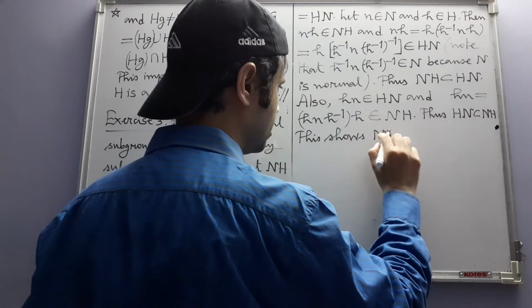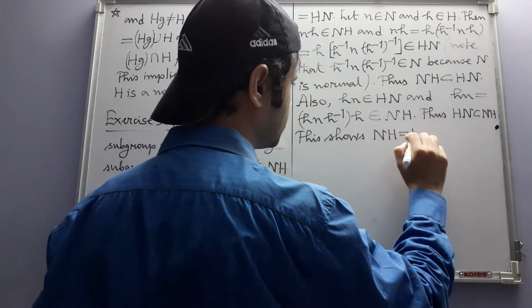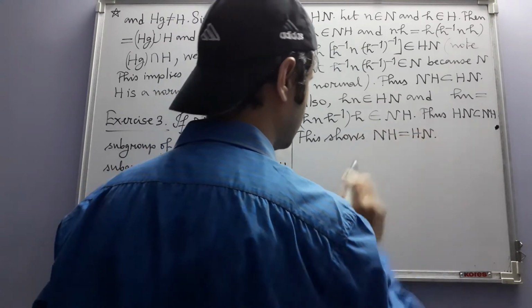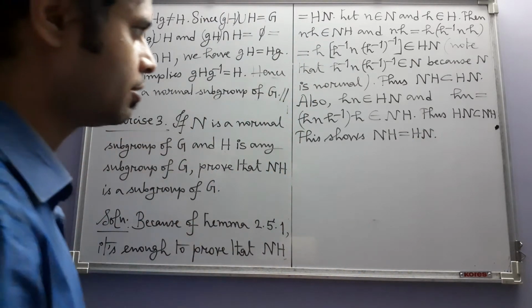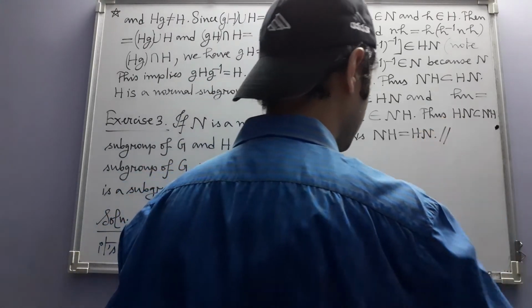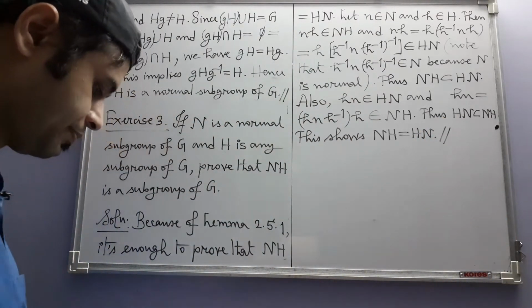This shows NH is equal to HN, and hence by lemma 251 NH is a subgroup of G. So this completes the solution.